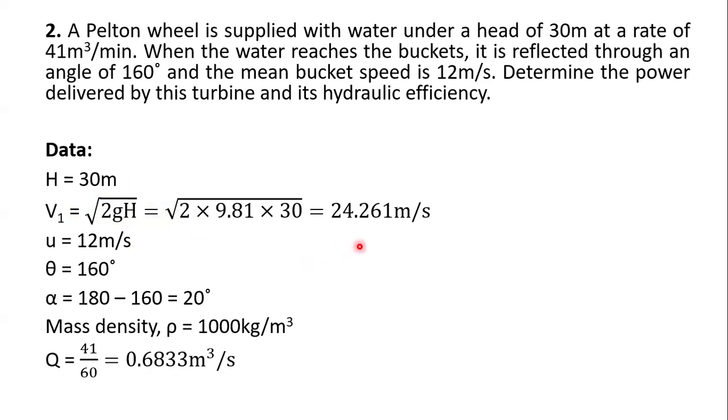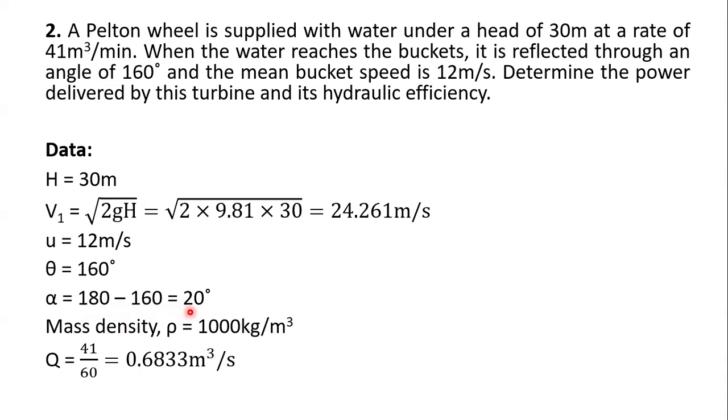So we have 24.261 meters per second. This is now the bucket speed, 12 meters per second, theta, 160. If you talk about the alpha, it's the difference between theta and 180 degrees. So you have 180 minus 160, you get 20 degrees.